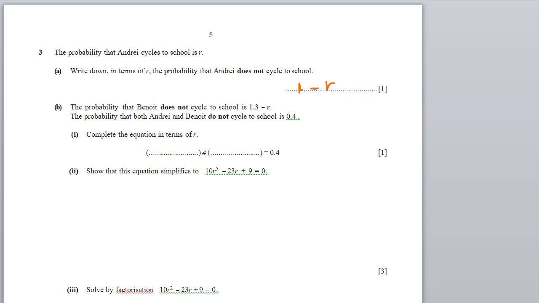Complete the equation. Here we will write now (1 minus R) multiplied by (1.3 minus R) is equal to 0.4. Show that this equation simplifies to 10R squared minus 23R plus 9 equal to 0. So we have 1.3 minus R minus 1.3R plus R squared is equal to 0.4.